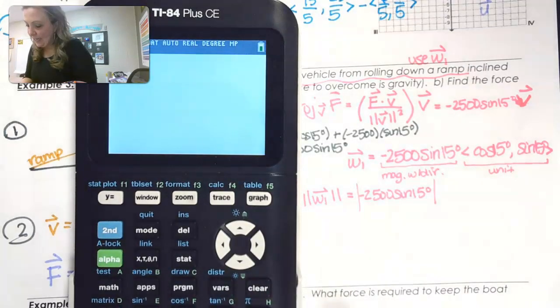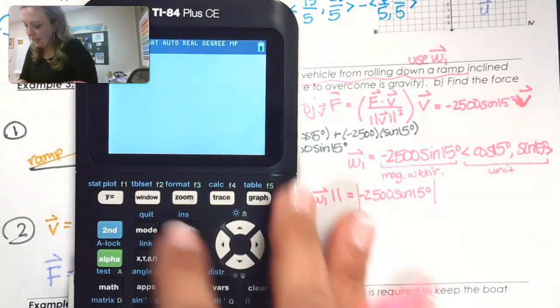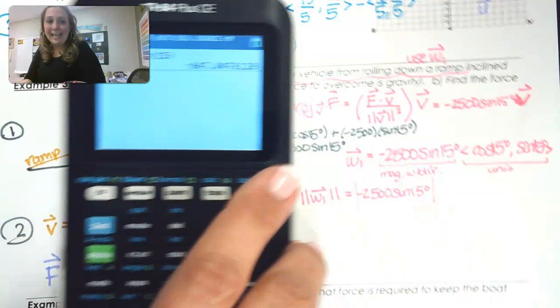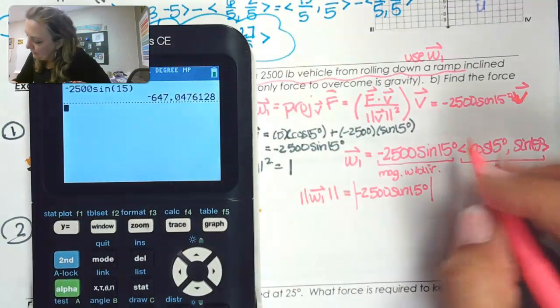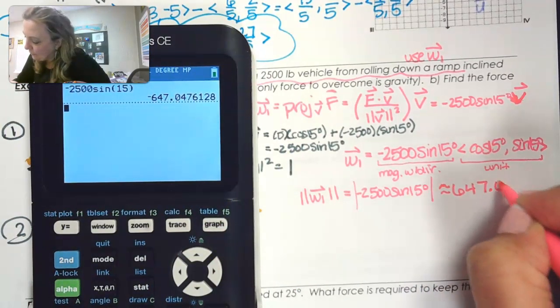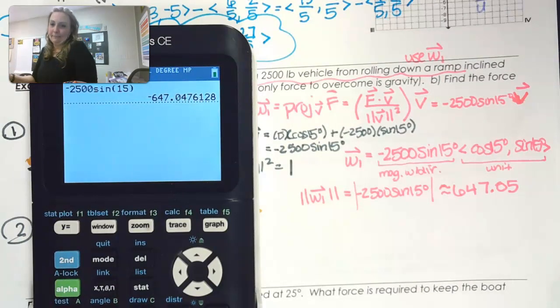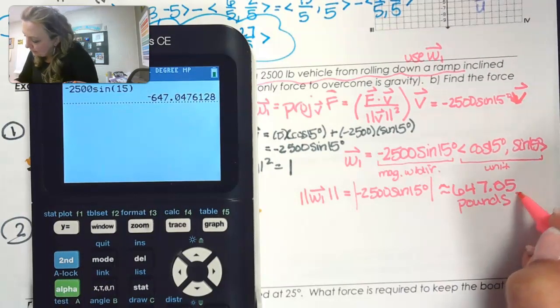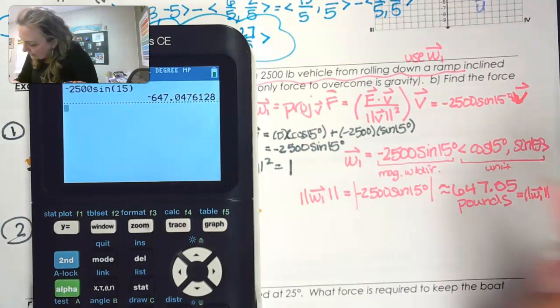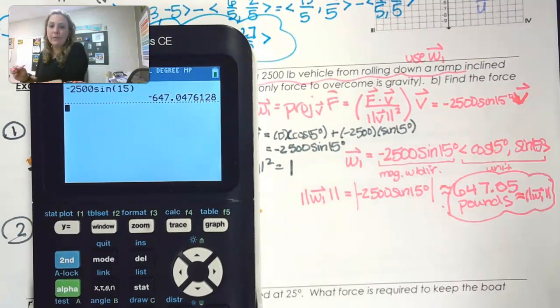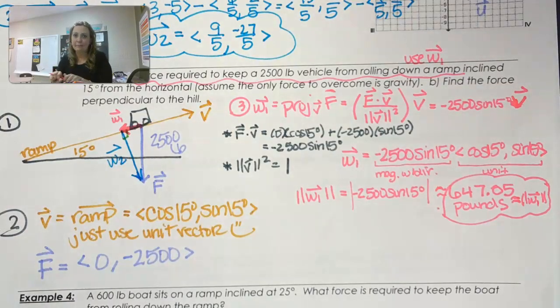If I take negative 2500 times the sine of 15, I get negative 647.04. So that means that that is going to be 647, let's round appropriately, 0.05. And then we're going to keep that unit of pounds. And that's going to be our magnitude of W1, which means that that's going to be the force required to keep the vehicle from rolling down the ramp.